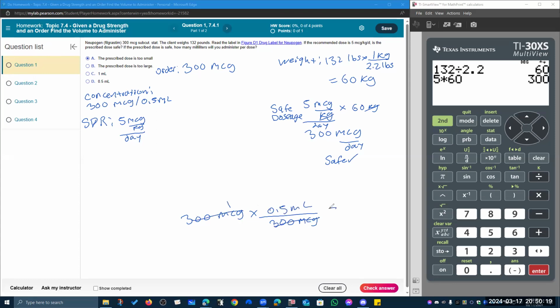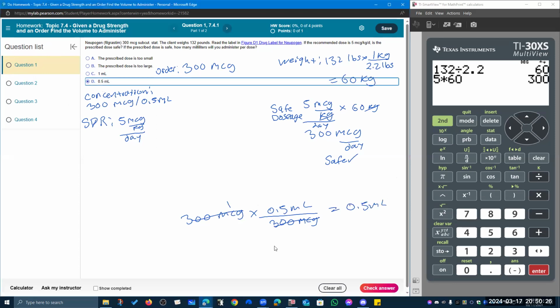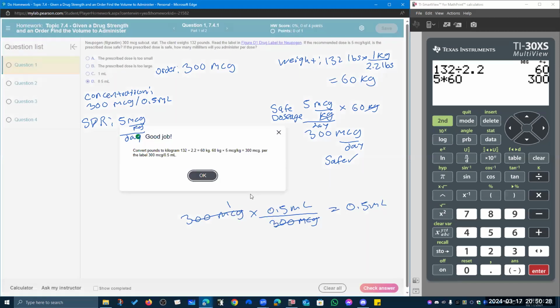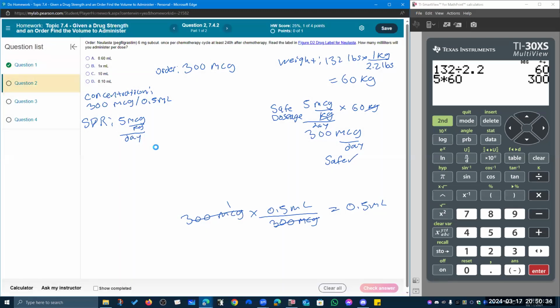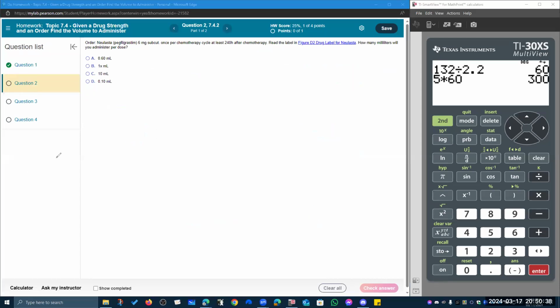This will cancel and we'll dispense 0.5 milliliters. So there we go. Check that. Awesome. And then clear my annotations here. Start with the next problem.